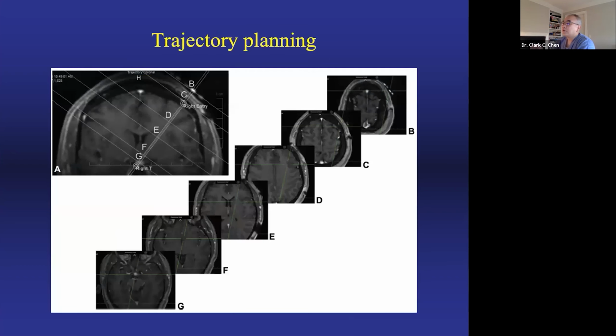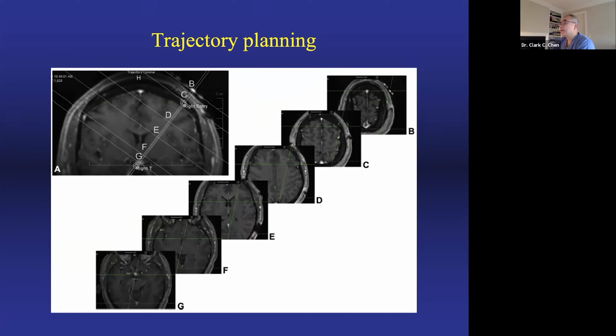And the planning of the biopsy is something that the surgeon has to invest a lot of time in. If you look at the different cuts of this trajectory, which is a very steep trajectory or very deep trajectory, there are multiple opportunities to intersect vessels or sulcus or the ventricle.